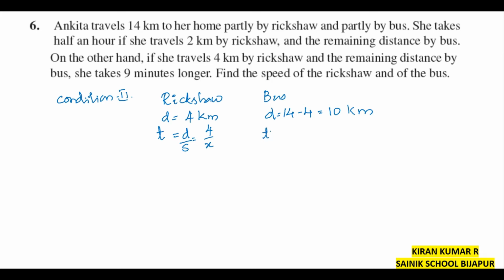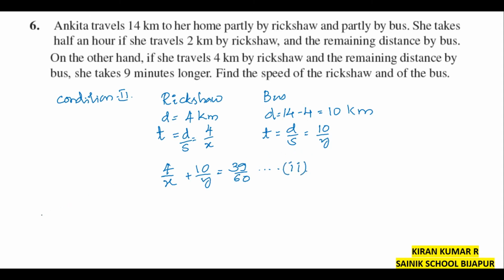For the bus, the time taken is 10 upon y. The total time taken is 9 minutes longer. It means that for half an hour we have to add 9 minutes, so it becomes 39 minutes. So 4 upon x plus 10 upon y is equal to 39 upon 60. This is our second equation.